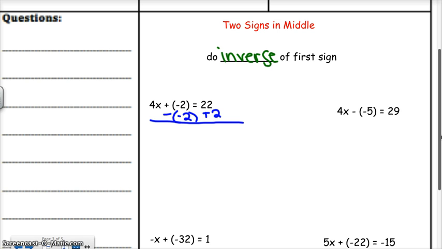This cancels out, and I get 4x is equal to 24. That's 4 times x. The inverse of times is divide. X is equal to 6.